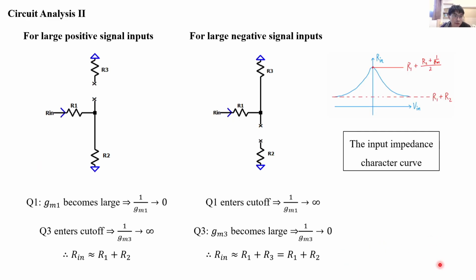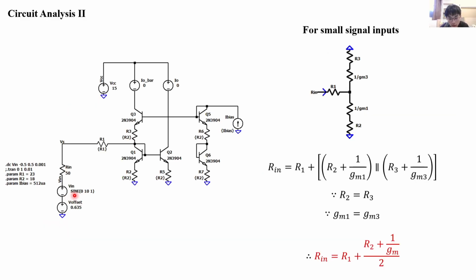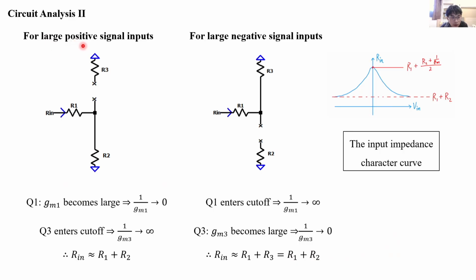Next, for large positive signal input, the input signal is positive and large, so Q1's GM becomes very big and 1 over GM1 goes to 0, but Q3 enters cutoff, so 1 over GM3 goes to infinity.